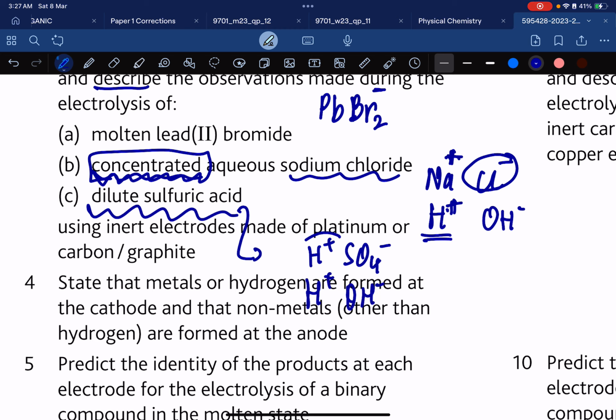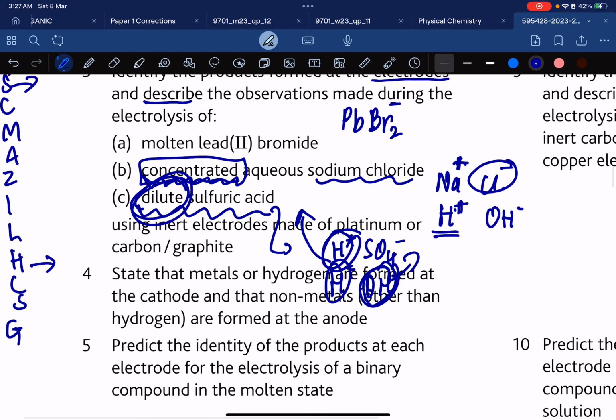Because it's H plus, any of the H plus can go, and because it's dilute again, it's the OH that goes. So observations: because of the H plus at the cathode, you'll see effervescence or bubbling, and over at the anode, you'll also see effervescence or bubbling because oxygen gas is produced, which is colorless.